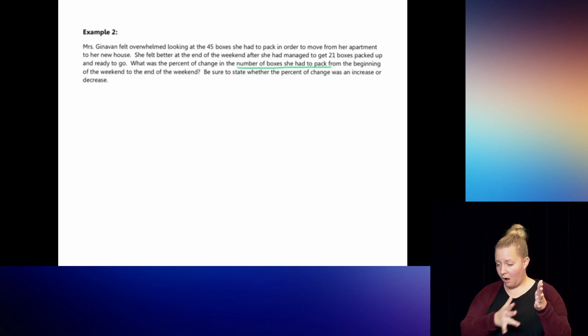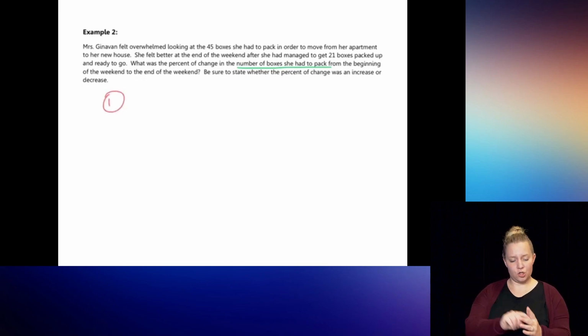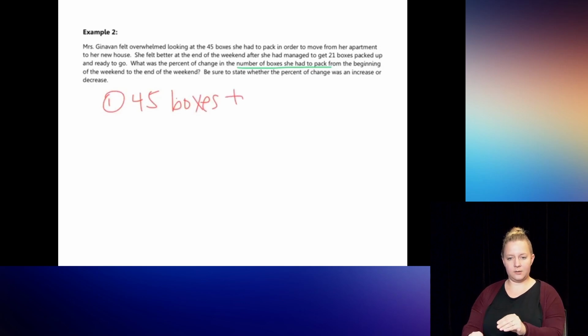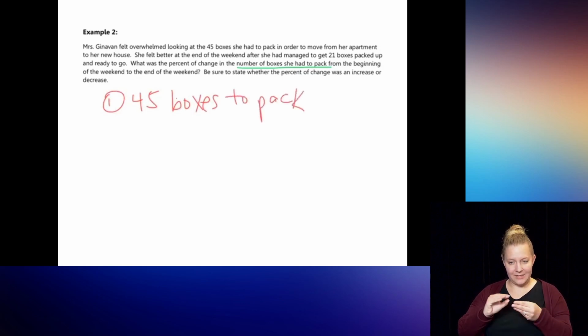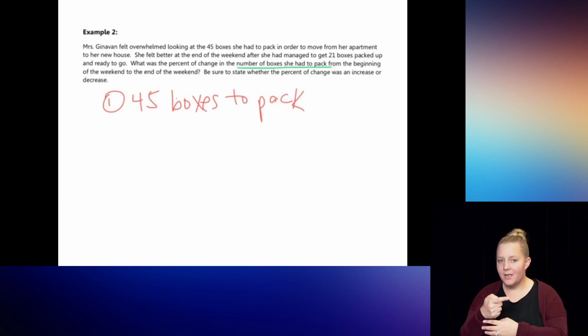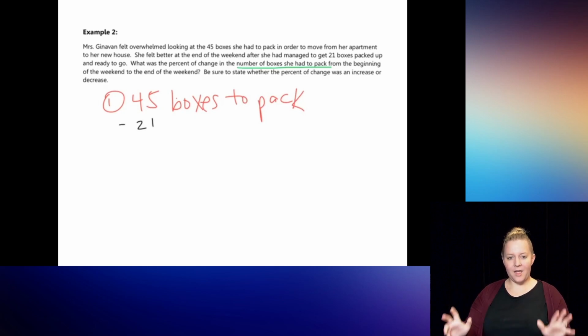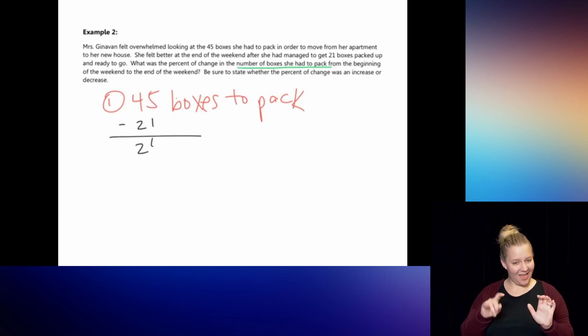So at the start of the weekend, she had 45 boxes to pack. And then read carefully, because the next number isn't 21. It says she got 21 of her boxes packed up. So when I see that she did that, then that leaves 24 boxes left to pack.